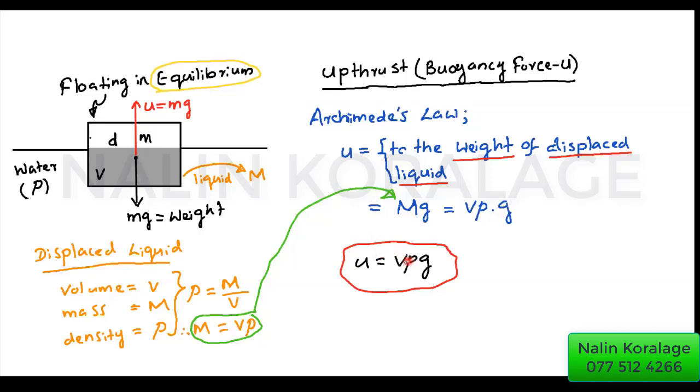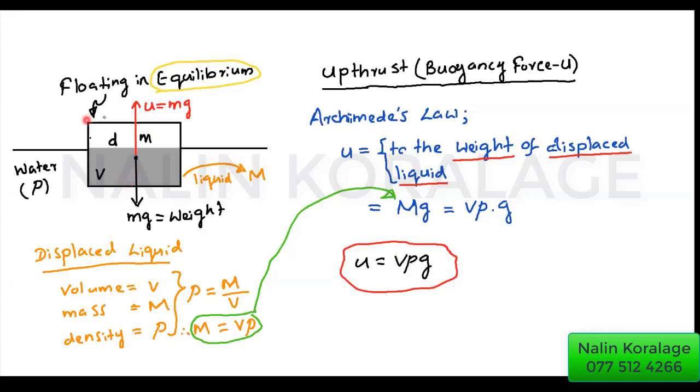Upthrust is equal to V rho g: volume of the liquid, density of the liquid, acceleration due to gravity. That's something really important. That's regarding the liquid, so we are emphasizing again, because in the exams more than 80% can go wrong by confusing the volume of the liquid and the volume of the object.